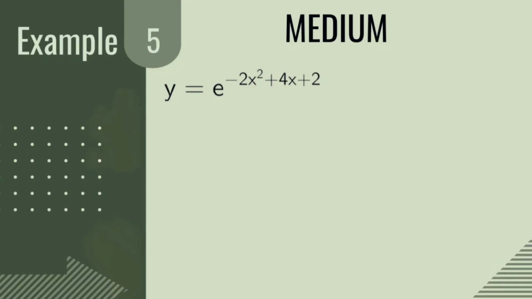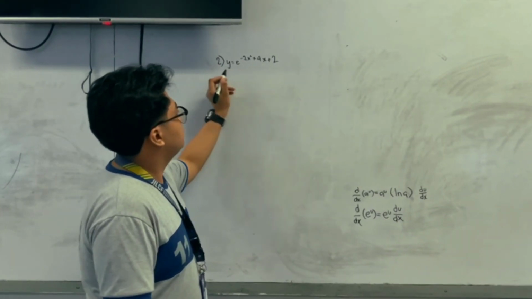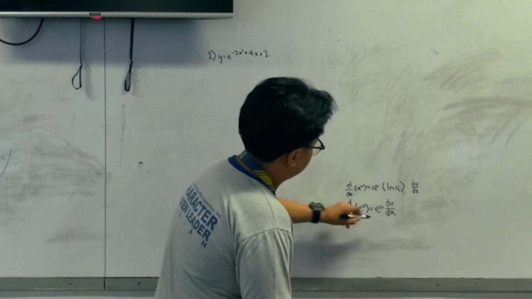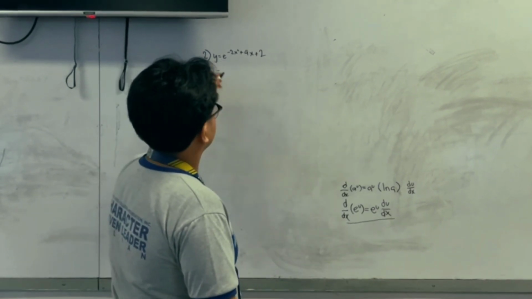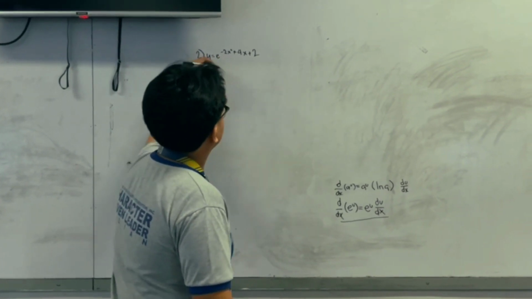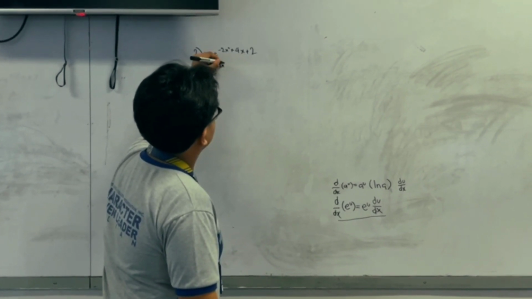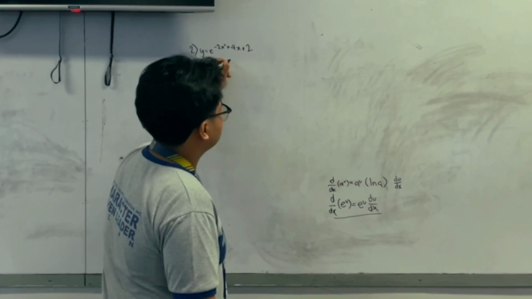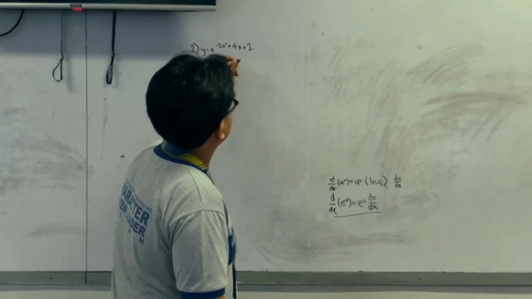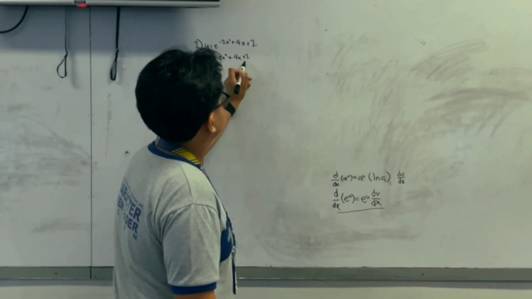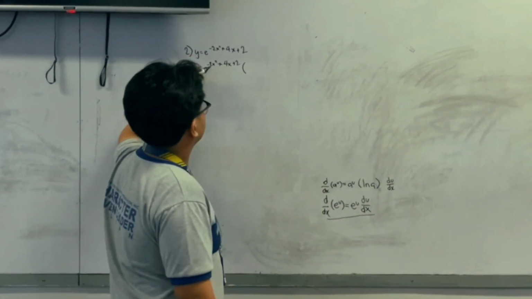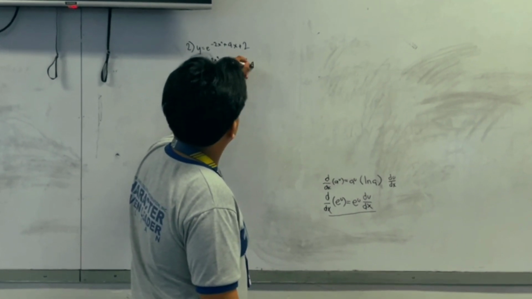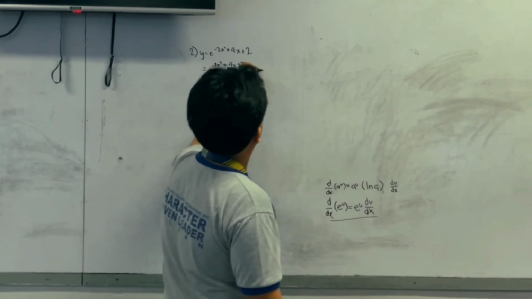Now let's have another given: y equals e raised to negative 2x squared plus 4x plus 2. Let's identify the formula first. The formula we're going to use is e raised to u. Now we're going to apply the formula, which is to just copy e and the value of u. After copying the value of u, we are going to get the derivative of u. The derivative of negative 2x squared is negative 4x.